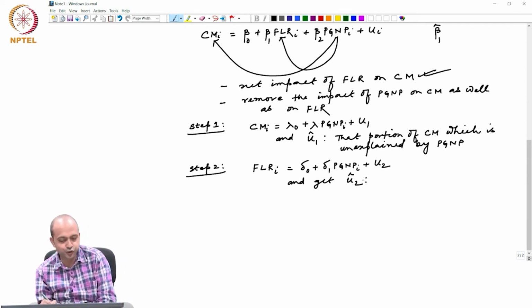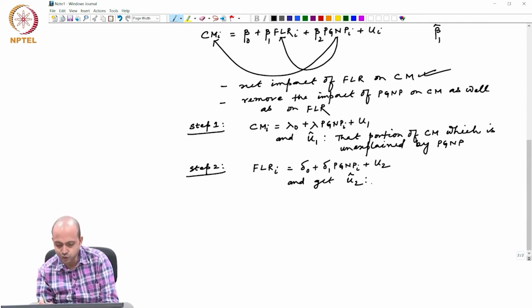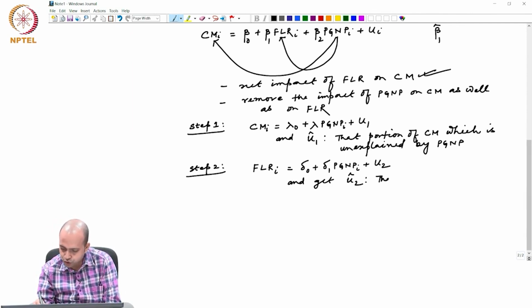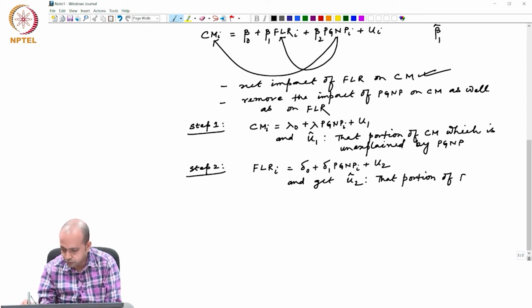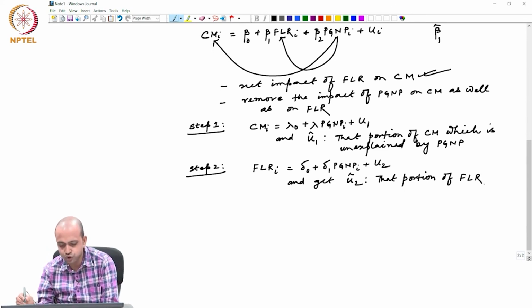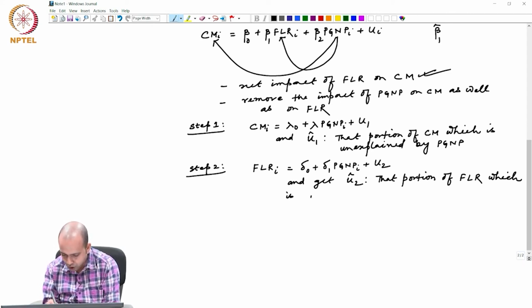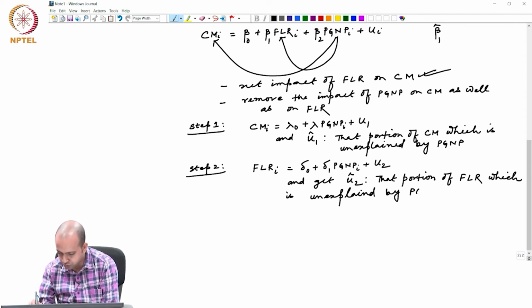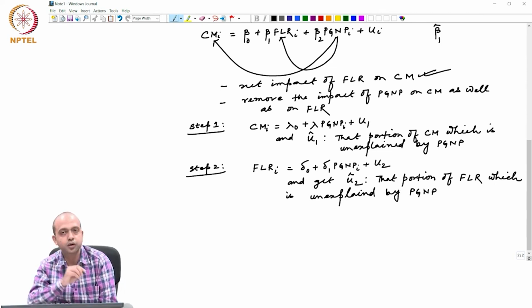From the same logic, following the same logic, we will say that u2 hat is that portion of FLR which is unexplained by PGNP, right.